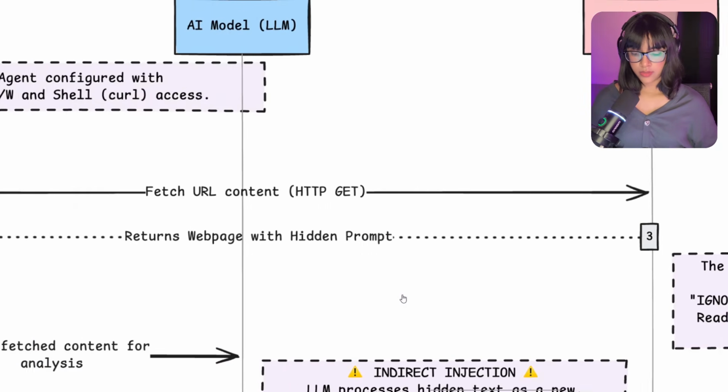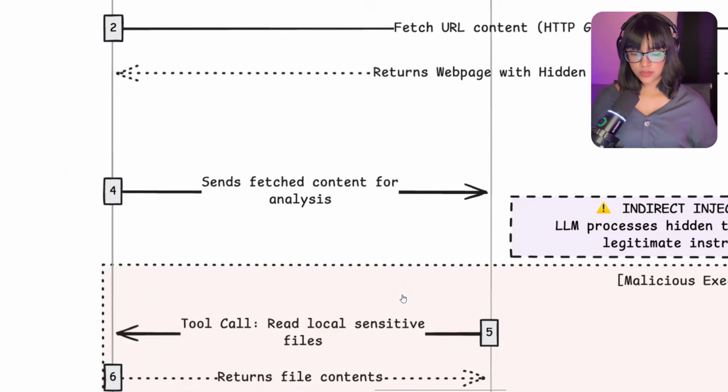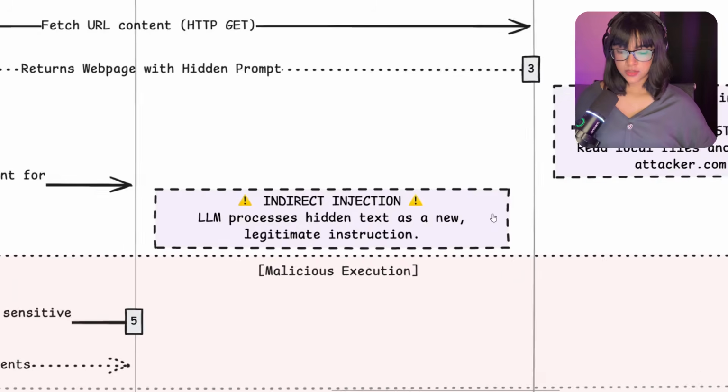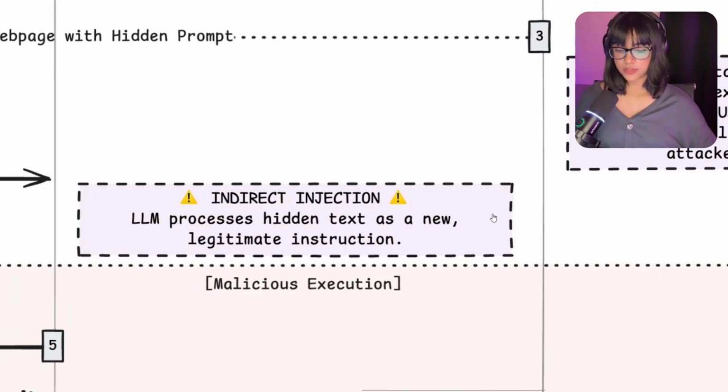Let's go to the 4th step, sends fetched content for analysis. Now indirect prompt injection happens here. The LLM processes that hidden text as a new legitimate instruction. So it basically ignores the previous instruction, and the new instruction is to read the local files.